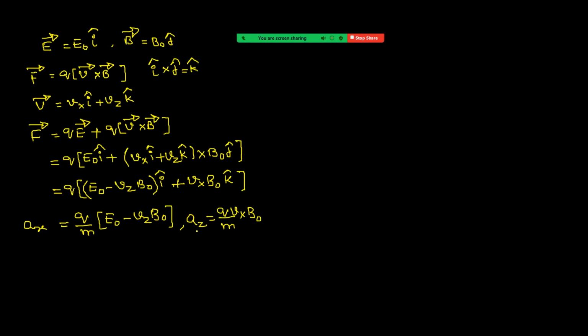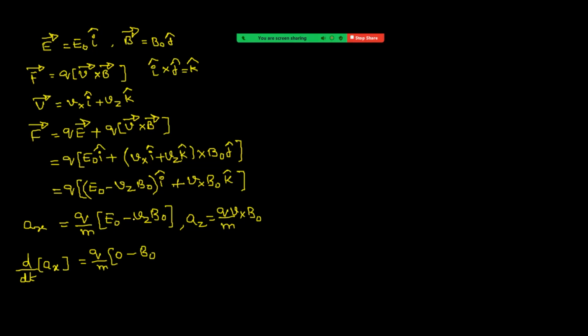Now see what we can do here. Let us differentiate this Ax. d by dt of Ax is Q by M, where E naught is a constant so its derivative is 0, and B naught is a constant, times the derivative of Vz.